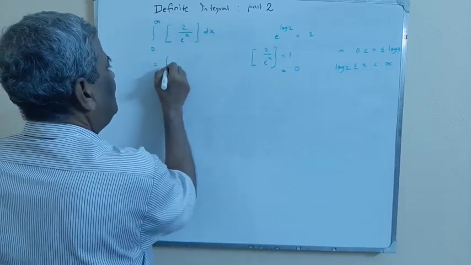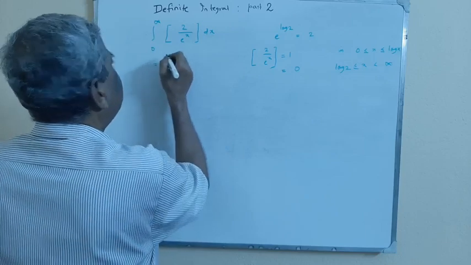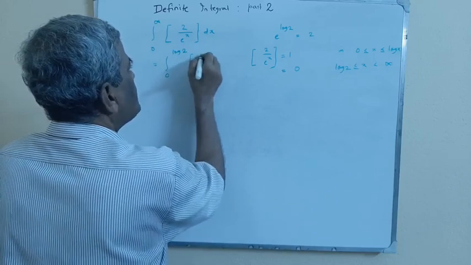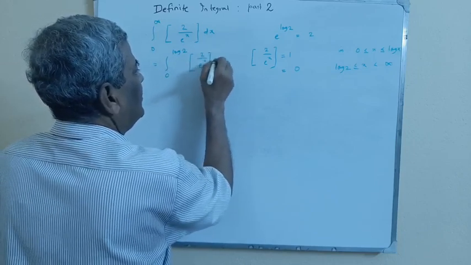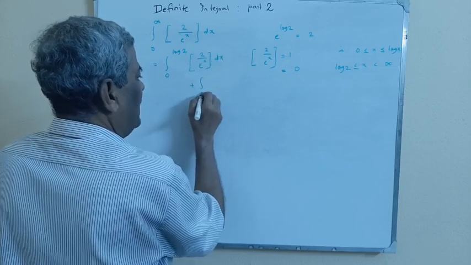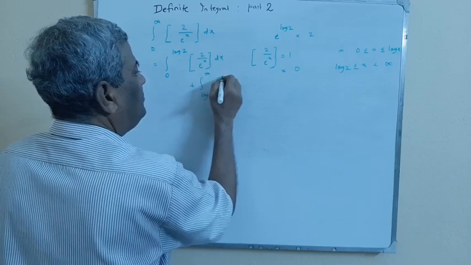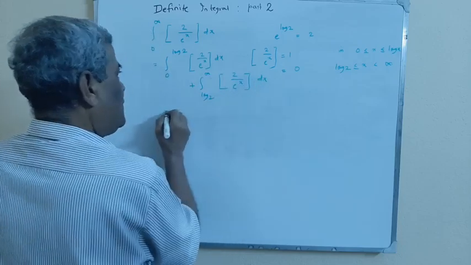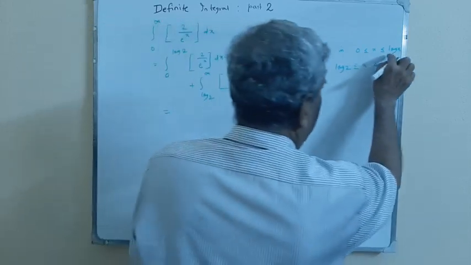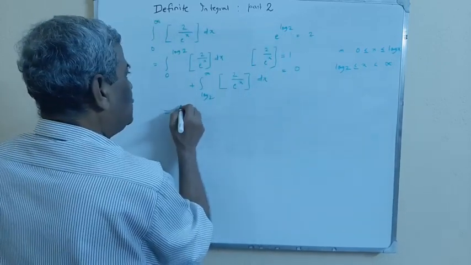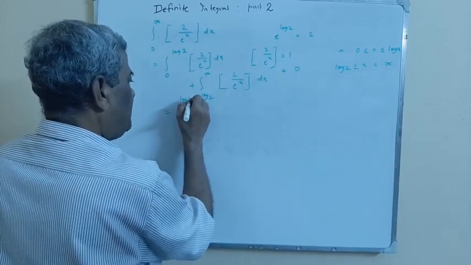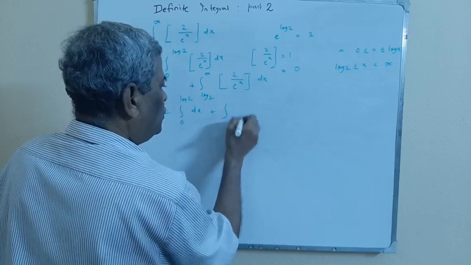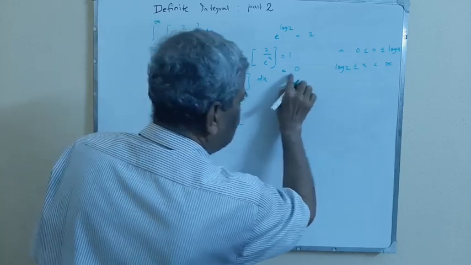So this becomes the integral from 0 to log 2 plus the integral from log 2 to infinity of [2/e^x] dx. In the first interval this is equal to 1, so it is the integral from 0 to log 2 of 1 dx, plus, in the interval log 2 to infinity, this becomes 0.